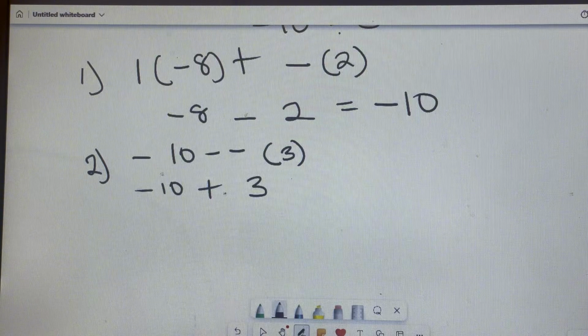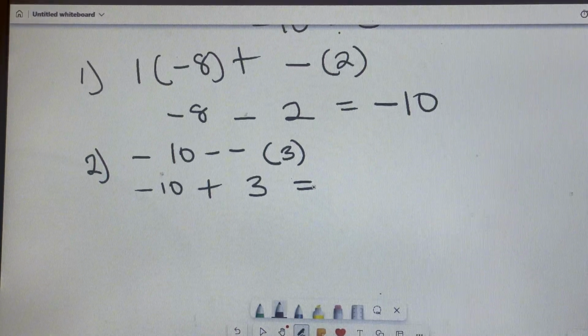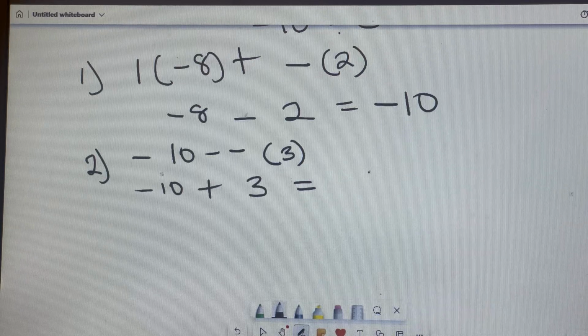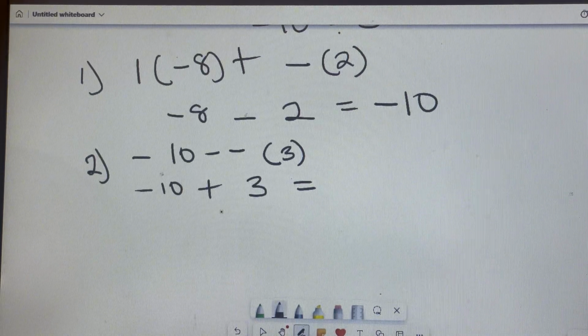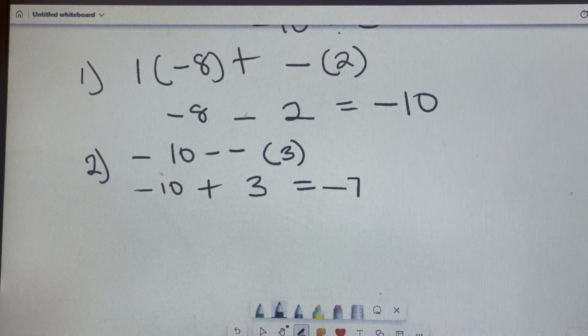So negative 10 plus 3. So we apply the second rule of addition or subtraction. We take the smaller number from the larger number. So 10 minus 3 is what? 7. So we keep the sign of the larger number. So it's gonna be negative 7.